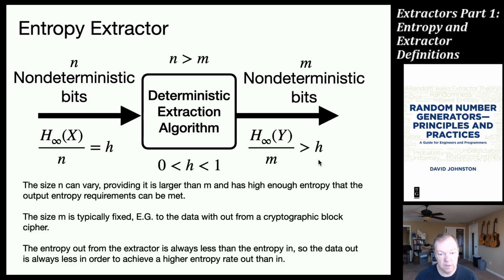The goal, generally in cryptography, is to get non-deterministic bits that are full entropy, where there's 1 bit of entropy per bit of data. That's actually impossible, and we'll look at that in the next video. But we can get arbitrarily close. So that's what we do. We try and get as close as we can, such that the quality of the entropy is good enough for cryptography, typically.